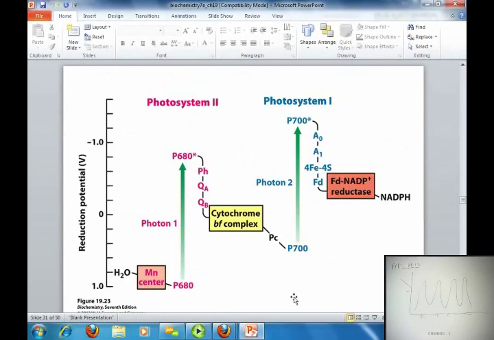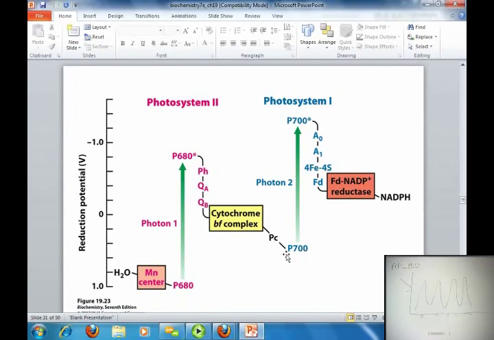This is the overall summary of photosystem II and I. This is the manganese center, water splitting, where 680 nm light, a photon, excites the 680 excited state, and then you have the plastoquinone, quinone A and B, the cytochrome b6f complex, and the PC.